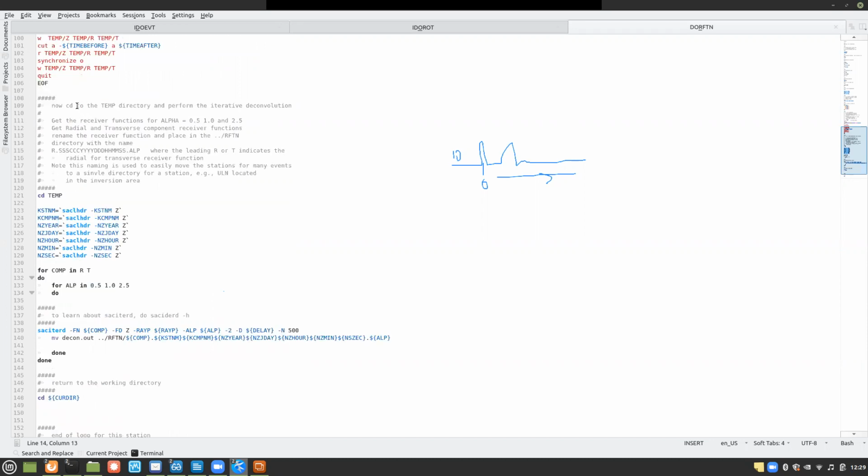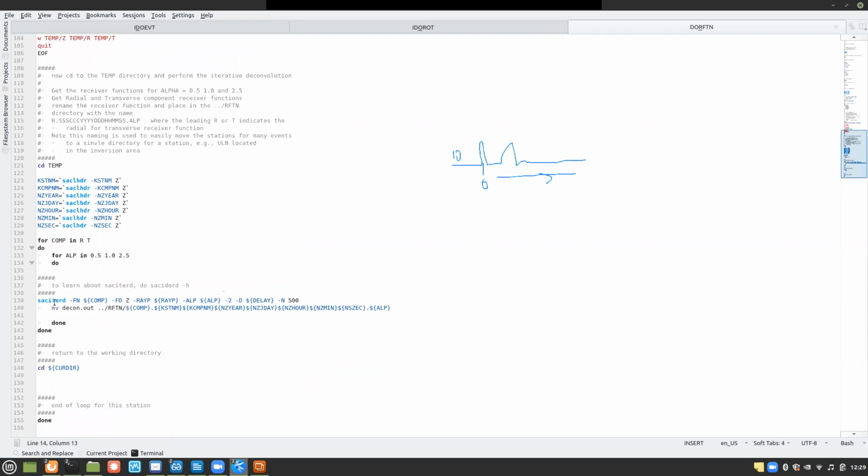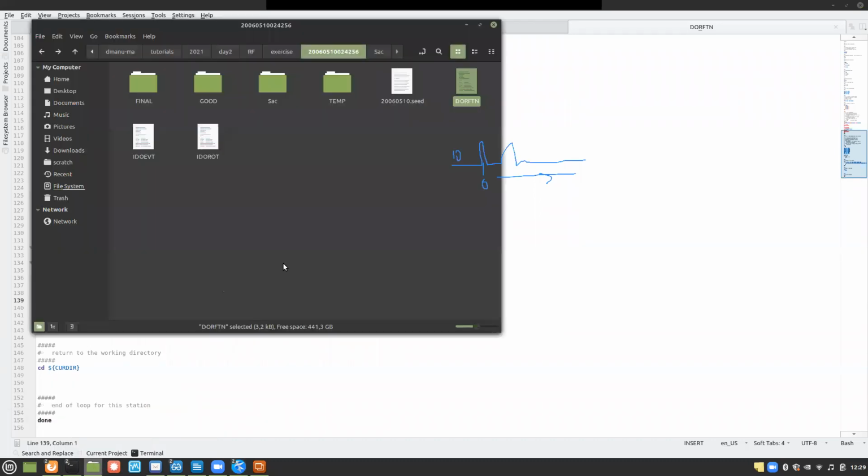And then this is the deconvolution part. In this code, it uses a time domain iterative deconvolution. And I think this is the program that does this. It's the SAC iterative deconvolution. And the thing is, where is my project? I don't remember where I saved this.